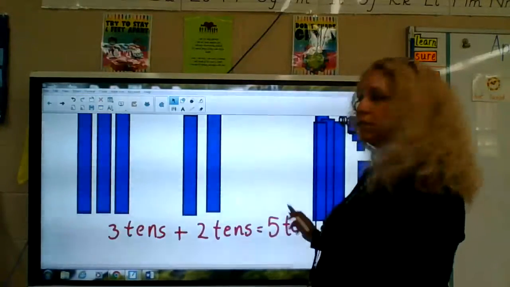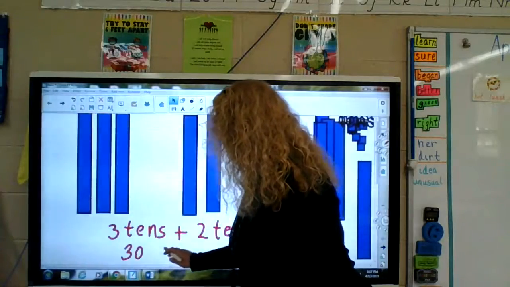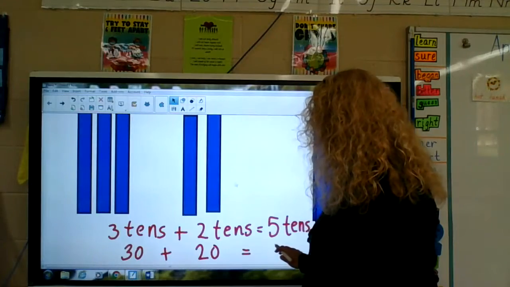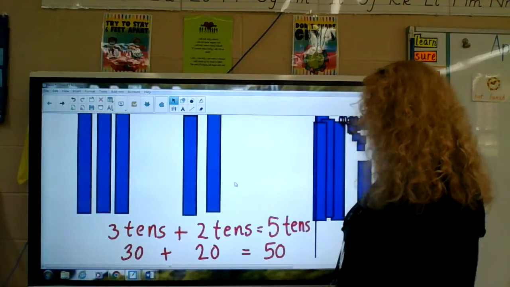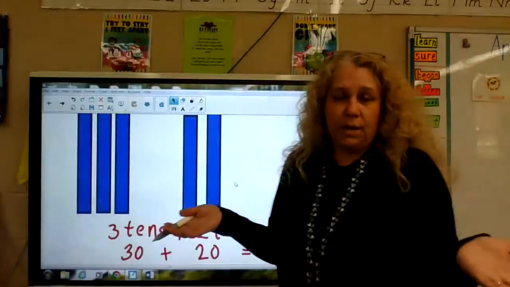And then we learned to say 30 plus 20 equals 50. Right? We're going to do the same thing, only we're going to subtract now.